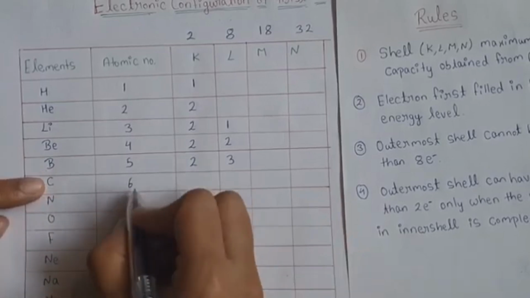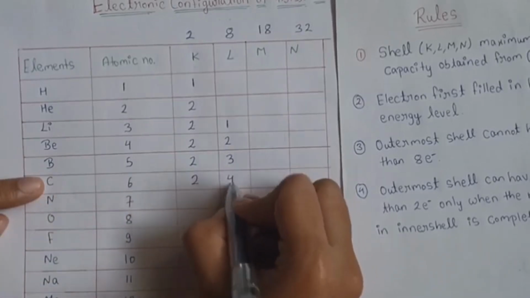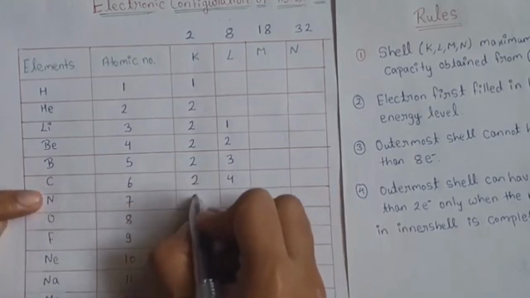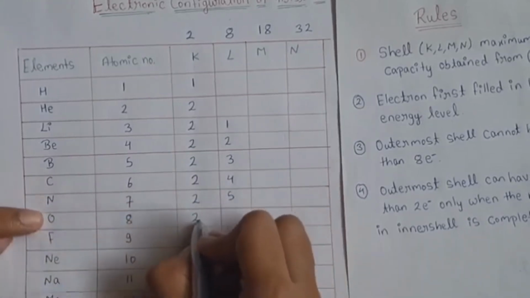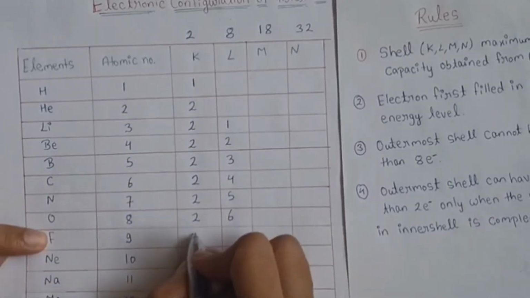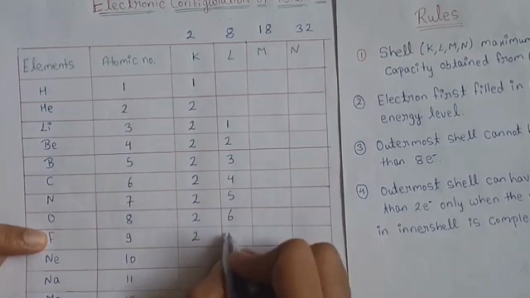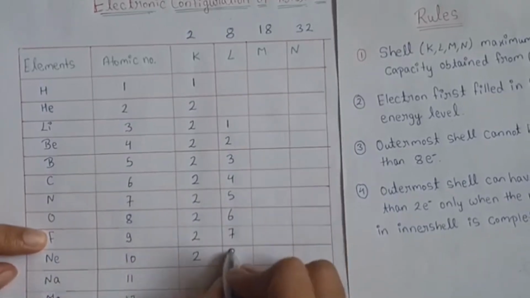Carbon has atomic number 6, so we fill 2 and then 4. Nitrogen 7, so 2 and the remaining 5. Oxygen 8, so 2 and 6. Fluorine 9, so again 2 and the remaining 7. Next is neon, 2 and 8.